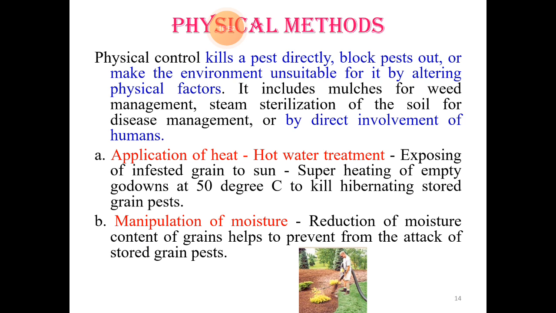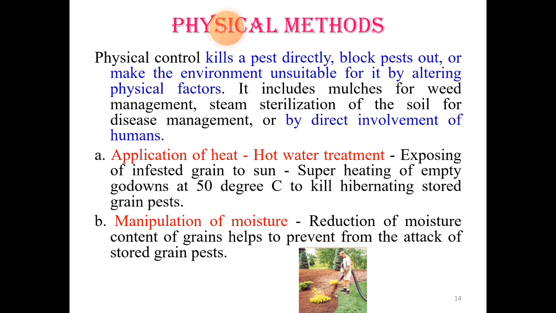The next method is physical control methods of pests. These methods also kill the pest population by altering the physical factors, and human beings are directly involved in it. Alteration of physical factors like temperature, moisture, and light are predominantly seen in this technique.